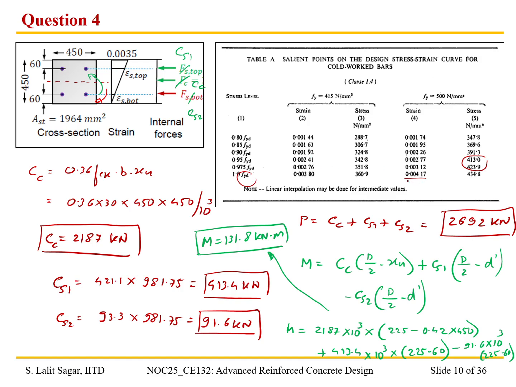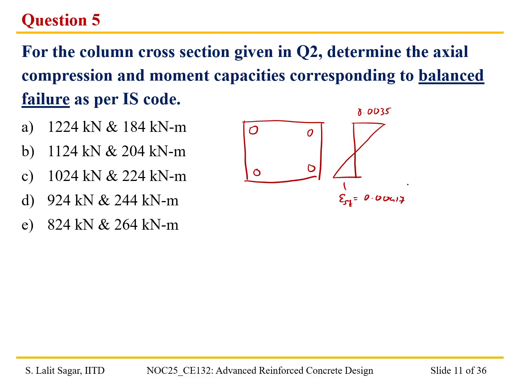The peak strain is 0.00417. From this we can determine the depth of the neutral axis. Then we can proceed to find out the different forces acting on the cross section. Again we have Cc. Then we have, oh, this has to be the other way around.